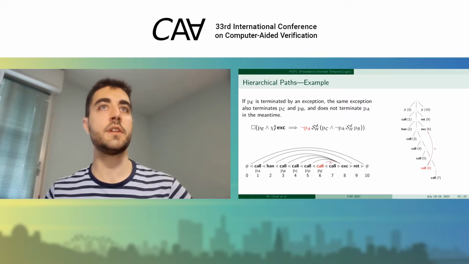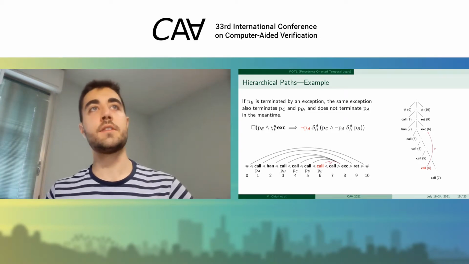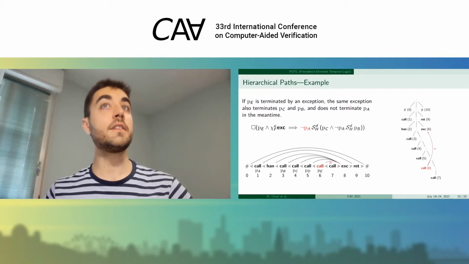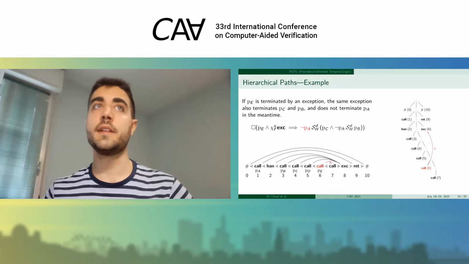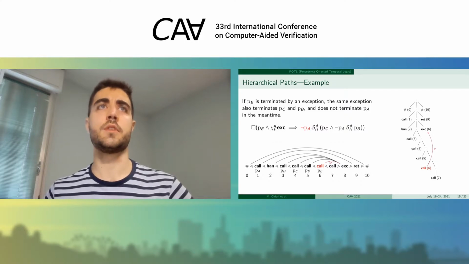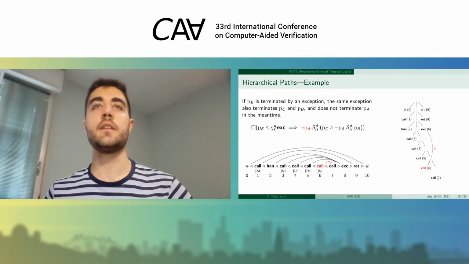They are compositional, and what they say is that if procedure E is terminated by an exception, which is the left-hand side of the implication, then the same exception also terminates PC and PB, so procedure C and B, and in the meantime it does not terminate PA.